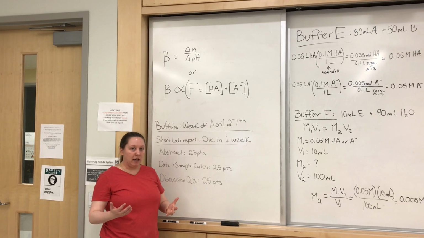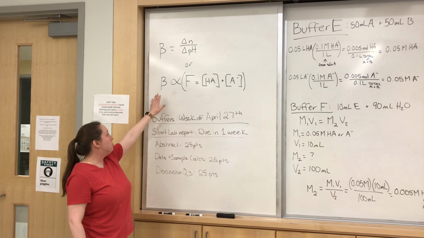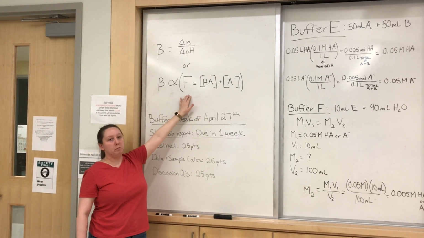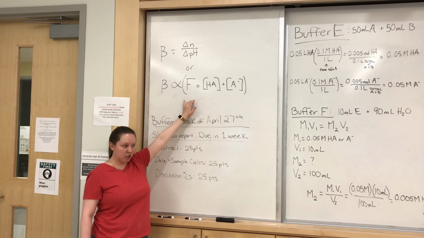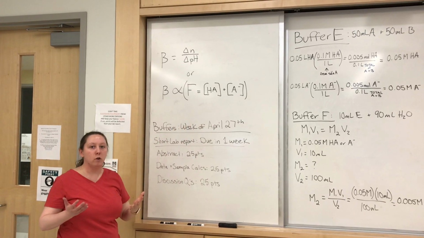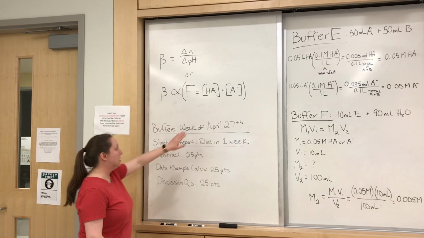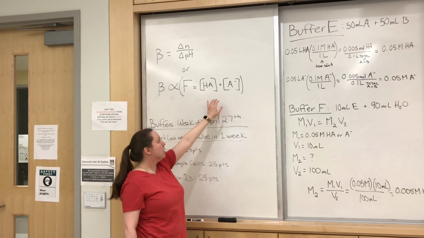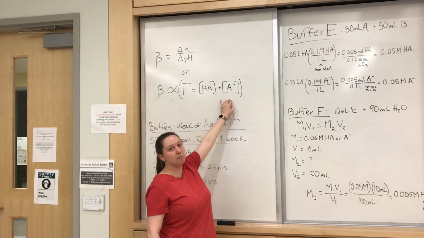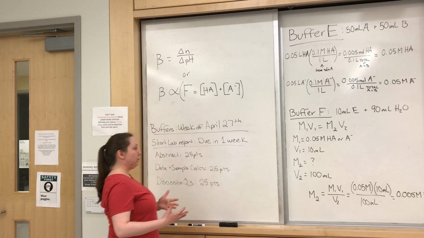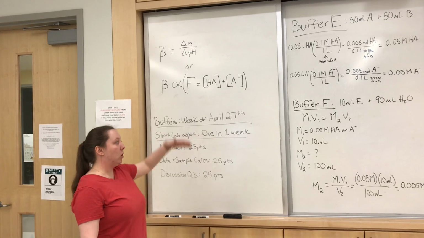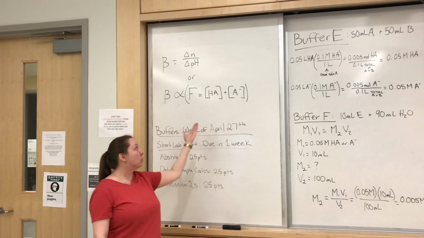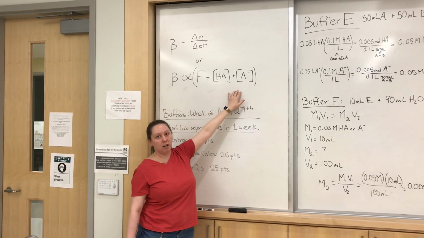Another way to think about that is your buffer capacity is proportional to the formal concentration of your buffer. So what is your formal concentration of your buffer? That's going to be your concentration of HA plus your concentration of A minus. So if we are starting from a more concentrated solution, so buffer E, these numbers are going to be bigger.